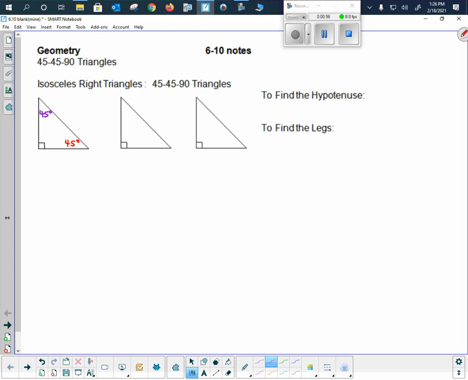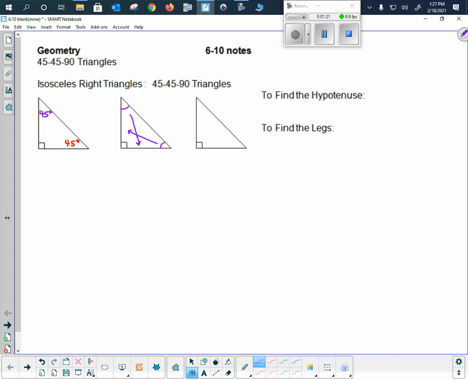The other thing that might happen, they might mark these two angles equal. So if they're equal to each other, then automatically you know, since it's in one triangle, if two angles are equal, the sides across from each other are equal. So again, that makes it a 45, 45, 90.